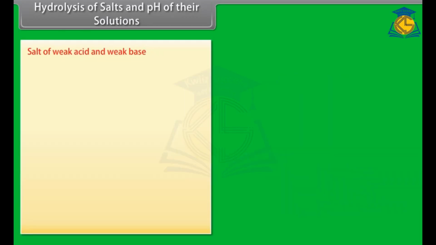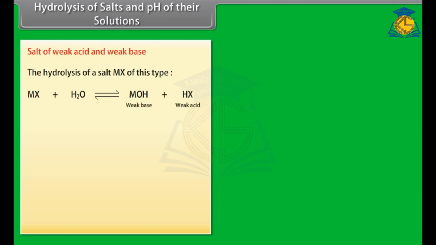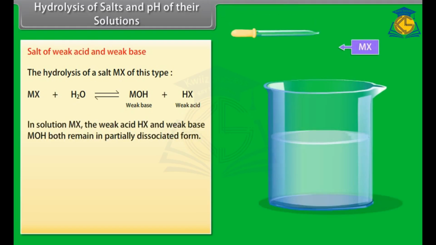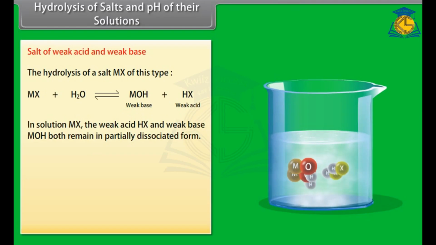Salt of a weak acid and a weak base. The hydrolysis of a salt MX of this type: in solution, the weak acid HX and weak base MOH both remain in partially dissociated form.